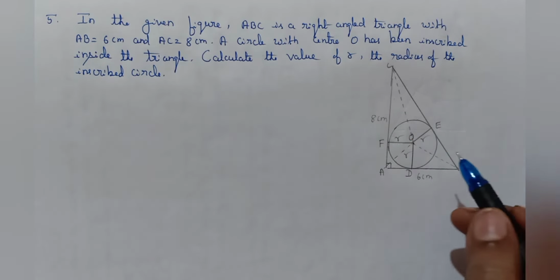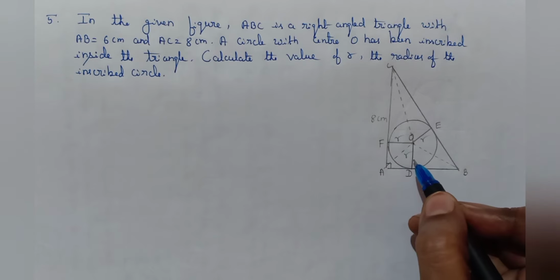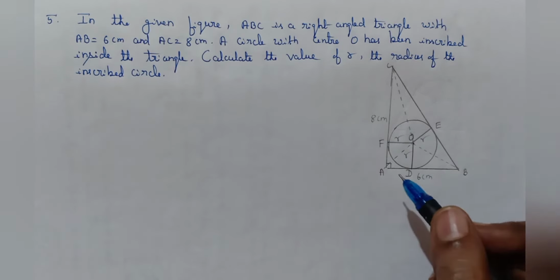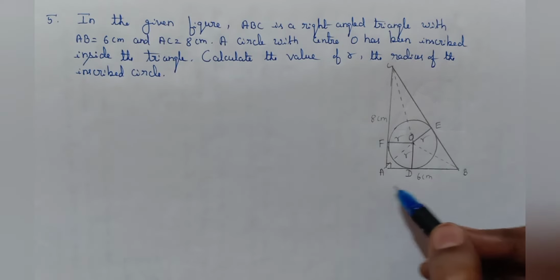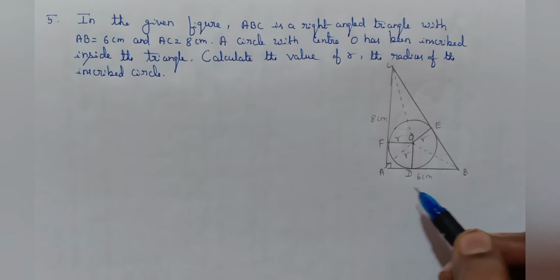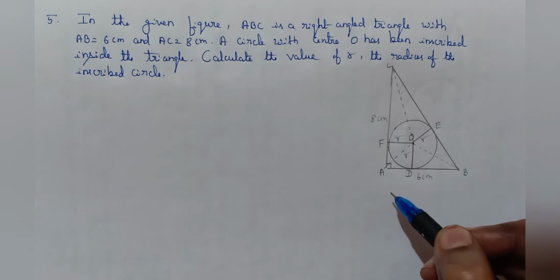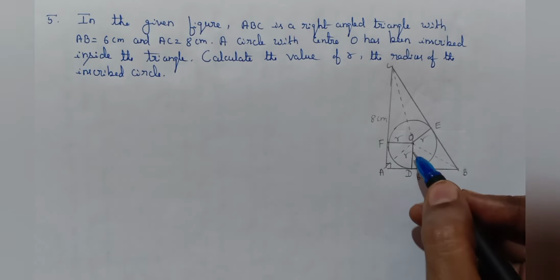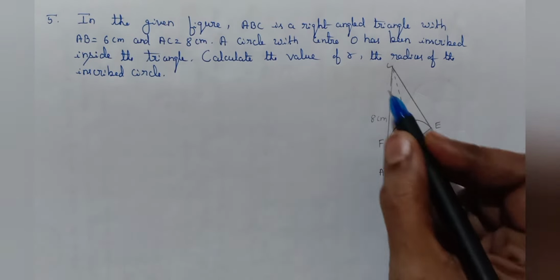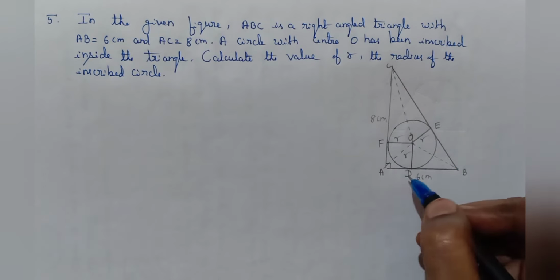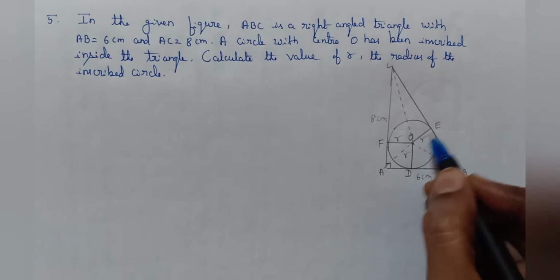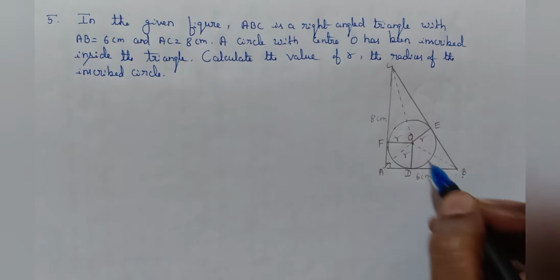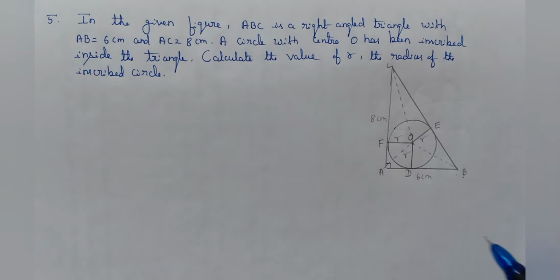You have to find out the radius of the inscribed circle. Here the length of AB is given 6 cm and AC is 8 cm. Now join OA, OB and OC and draw OD perpendicular to AB, OE perpendicular to BC and OF perpendicular to AC.